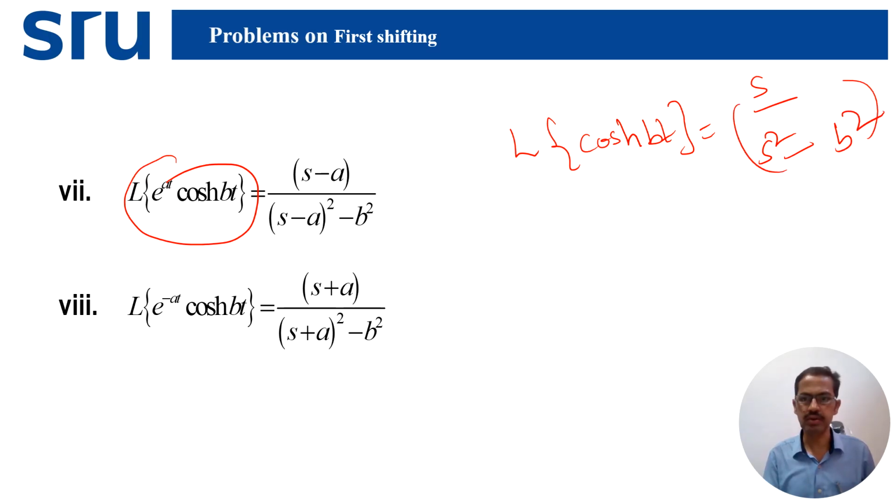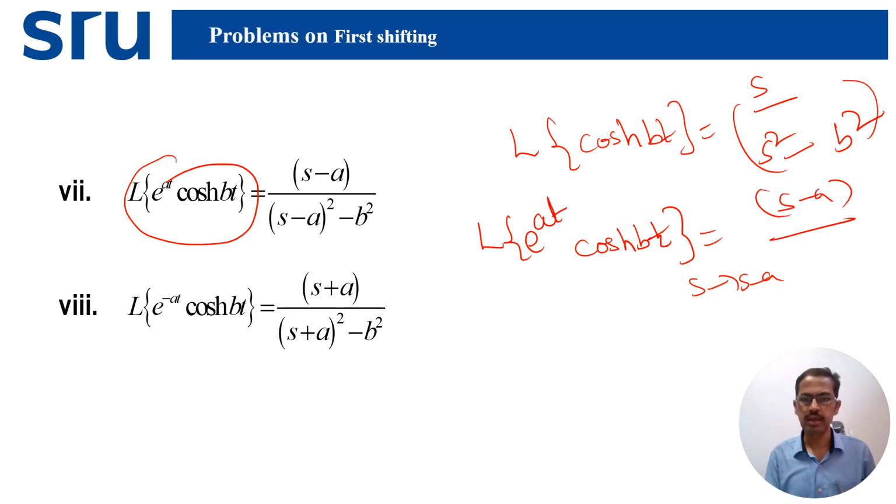Now the Laplace transform of e to the power of at cos hbt: s is replaced by s minus a. So it is s minus a by s minus a whole square minus b square.